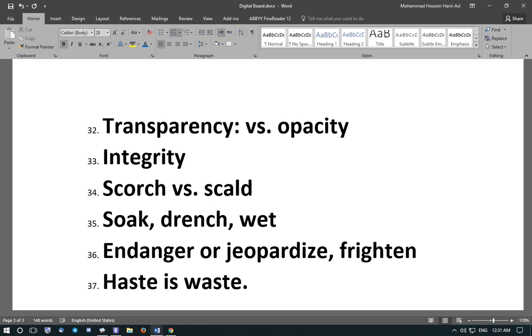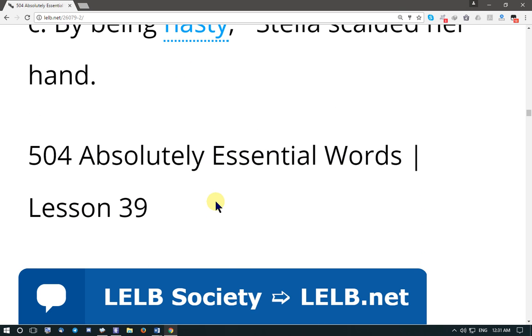Because sometimes we need to hesitate over some tasks, and we should not be so rash when it comes to decision making. All right, that's it.